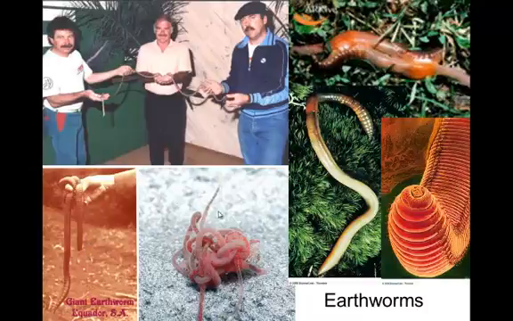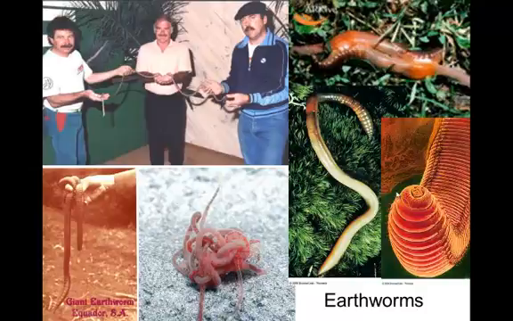And then we can see in the photos on the right, these are typical earthworms. In the middle bottom here, we see worms that are tubifex worms. These are aquatic worms. And you can see the red. They actually have a red respiratory pigment. Like humans have hemoglobin, these have something called hemoerythrin, which is a red respiratory pigment.